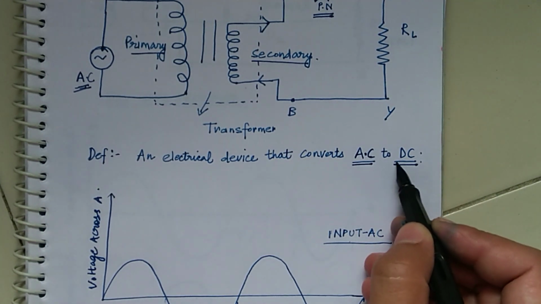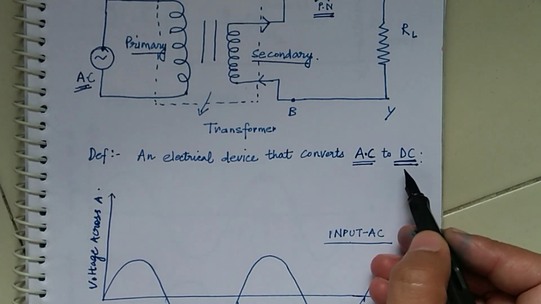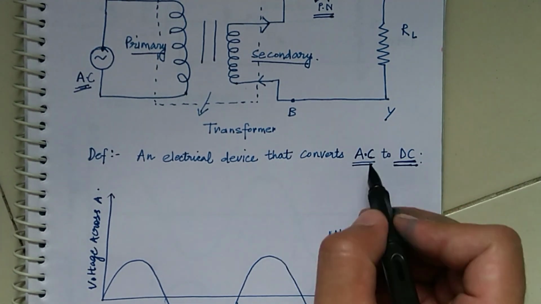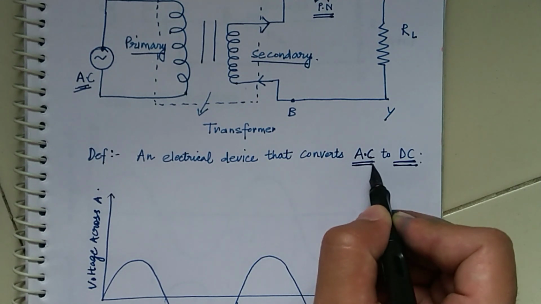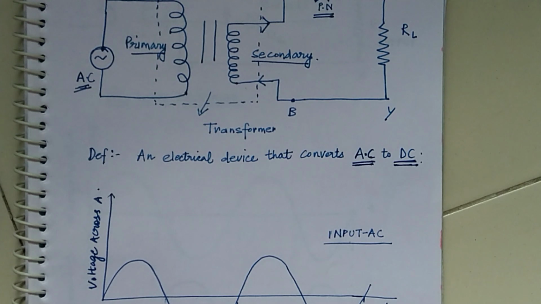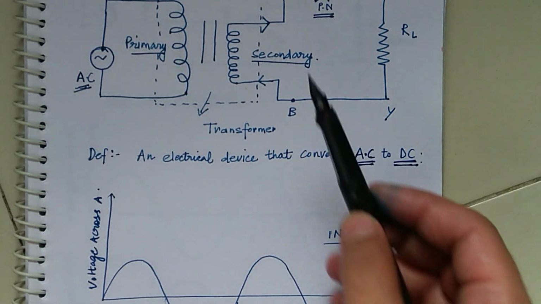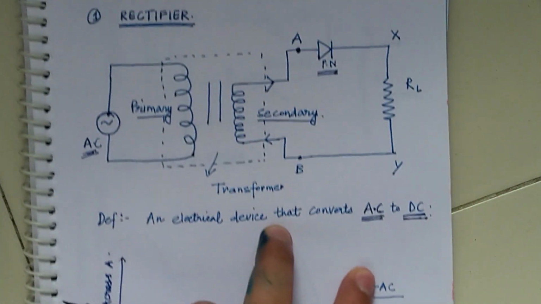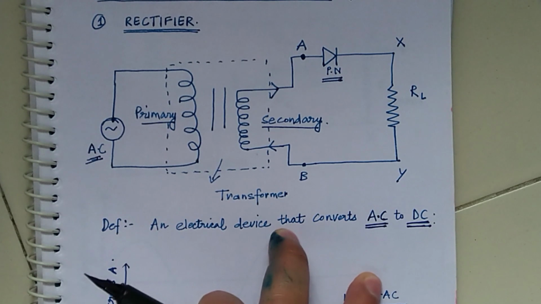Direct current is really the need of all the digital equipment we are using today. So this conversion from AC to DC becomes really important. This device, the half wave rectifier that we'll be dealing with, is just the beginning of knowing the functioning of a rectifier.